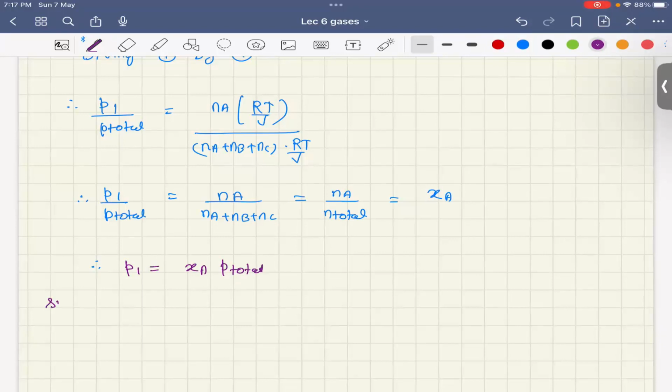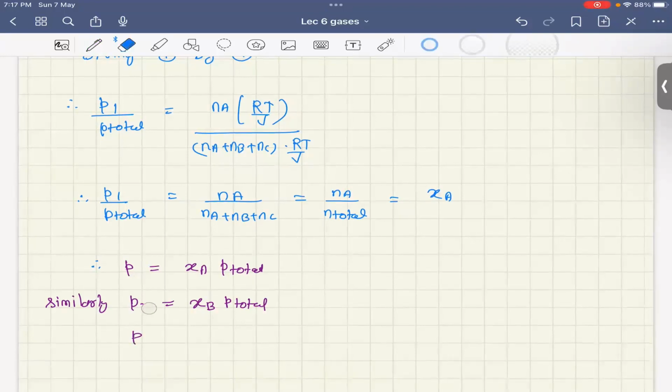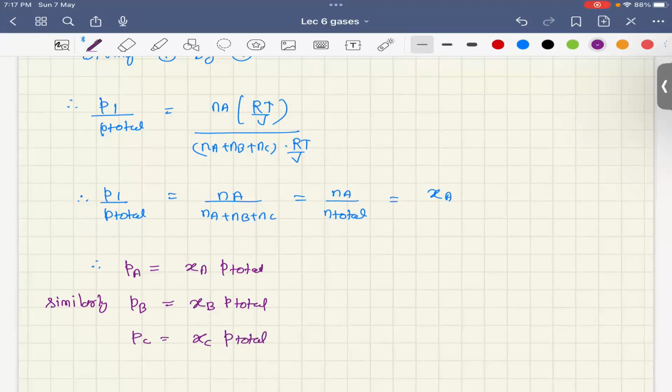Similarly, we can show that, let's say this is PA, this is PB, this is PC, PB is going to be XB times P total, and PC is going to be XC times P total, right?